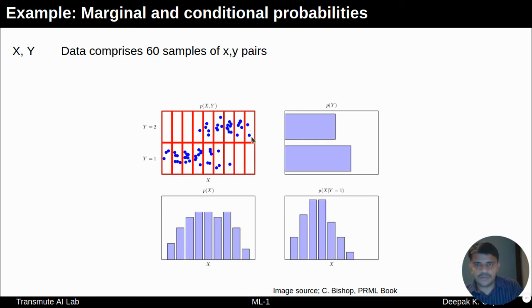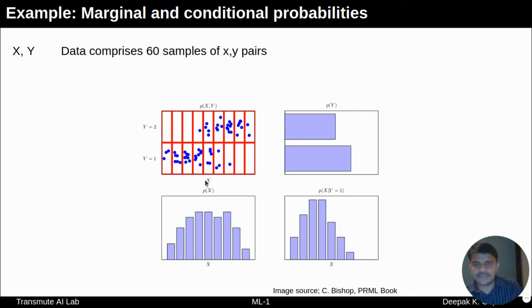What we see here is a grid where on the x-axis we have the random variable x, and on the y-axis we have the random variable y. The random variable x can hold multiple different values. The number of grids defines the number of possible values for x. So we have 1, 2, 3, 4, 5, 6, 7, 8, 9.